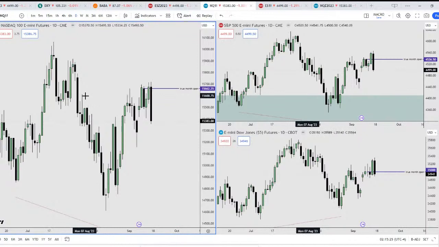So there isn't really much SMT unless you want to pull in Dow Jones. The YM, there is SMT on this high here. It's almost the same timing, and Dow Jones is making lower highs as compared to ES and NQ.